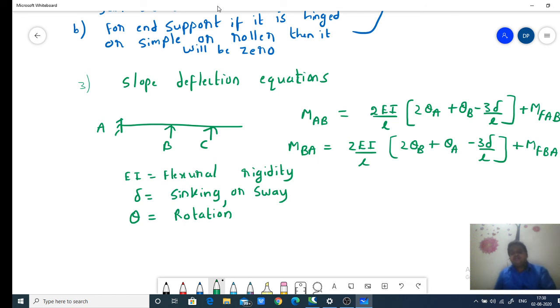This is nothing but the basics that you need to know whenever you are solving any numerical for slope deflection equations.